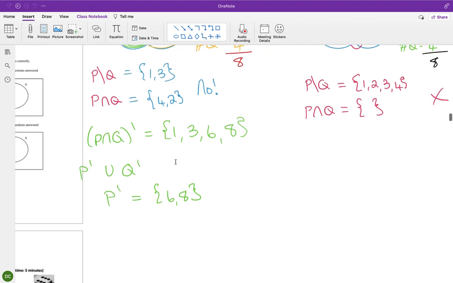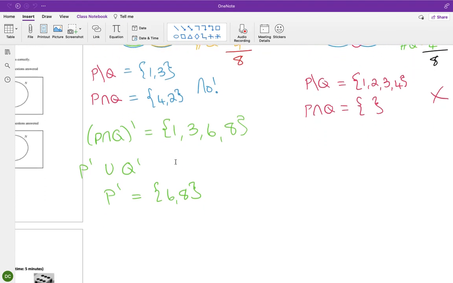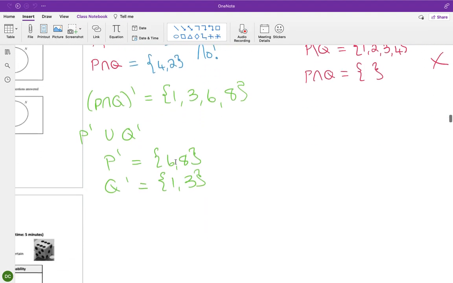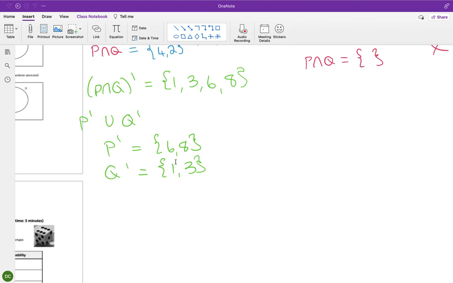All right, and then Q complement. So Q complement is 1 and 3. So block Q, 1 and 3. And then if I union the two of them, 1, 3, 6, 8.